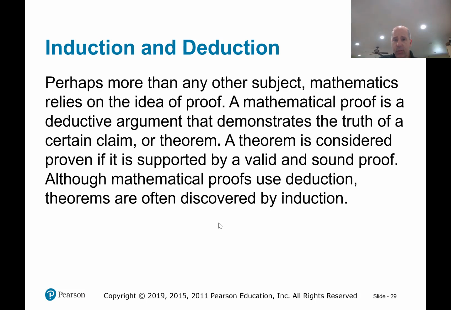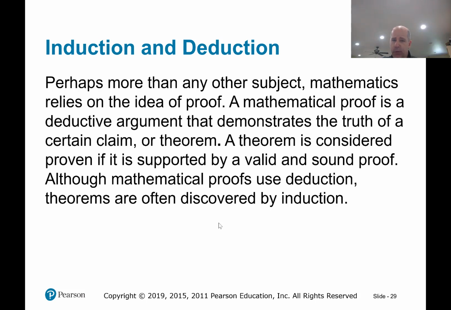Okay, now here's the other thing that we want to look at when it comes to induction and deduction. More than any other subject, mathematics relies on the idea of a proof. A mathematical proof is a deductive argument that demonstrates the truth of a certain claim or theorem. A theorem is considered proven if it is supported by a valid and sound proof.